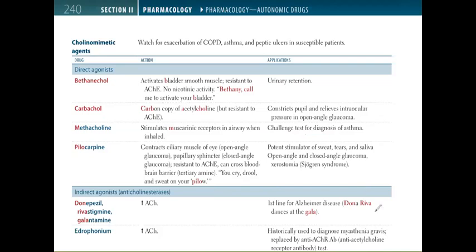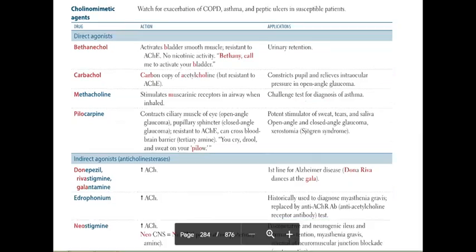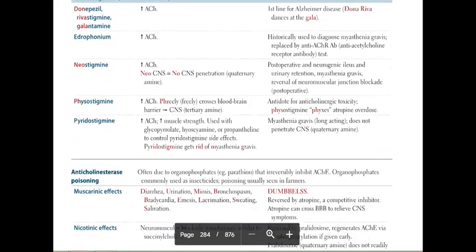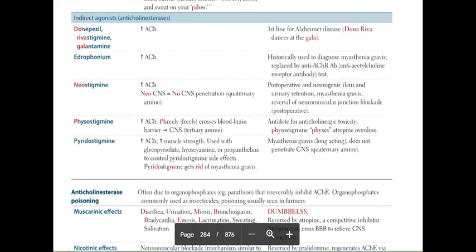Okay, now let's move to the indirect agonist. Okay, so before moving, I wanna tell you, like I told you yesterday also, that for all the direct agonists, the antidote for them, if the patient gets a higher dose of it and goes into cholinergic crisis, I explained cholinergic crisis in yesterday's lecture.